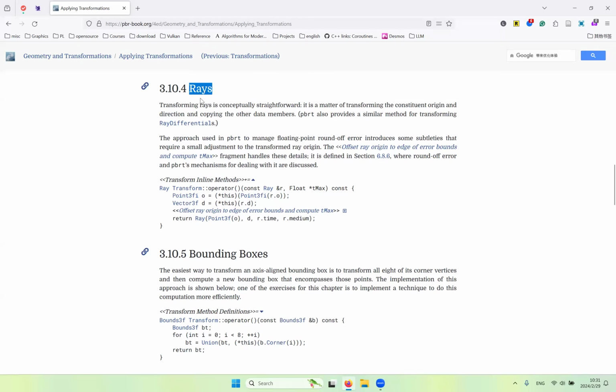For rays, we can transform the origin and direction. But PBRT has specific things to manage floating point roundoff errors, so they have a small adjustment to transform the ray origin.